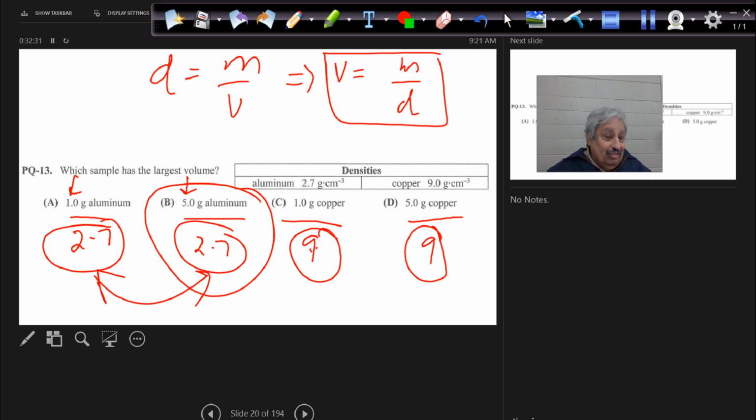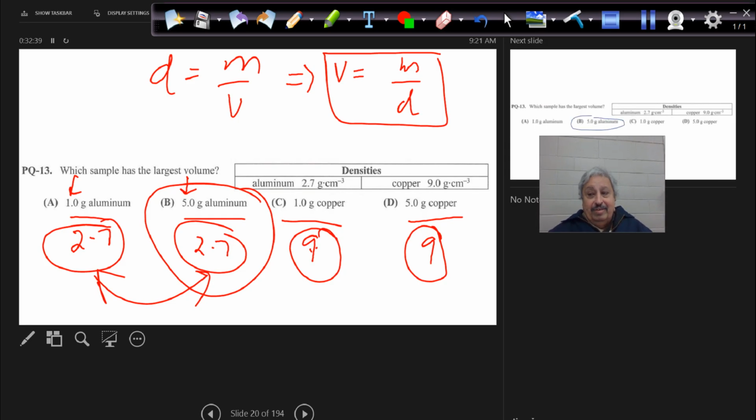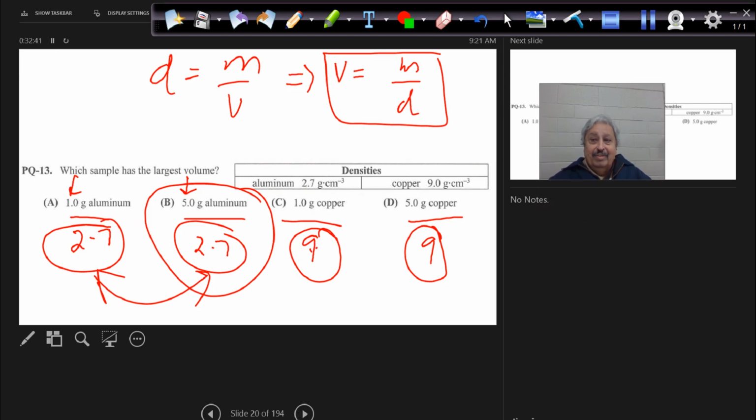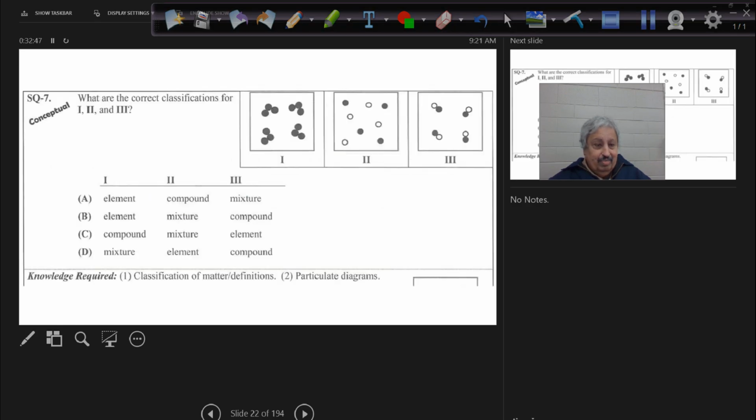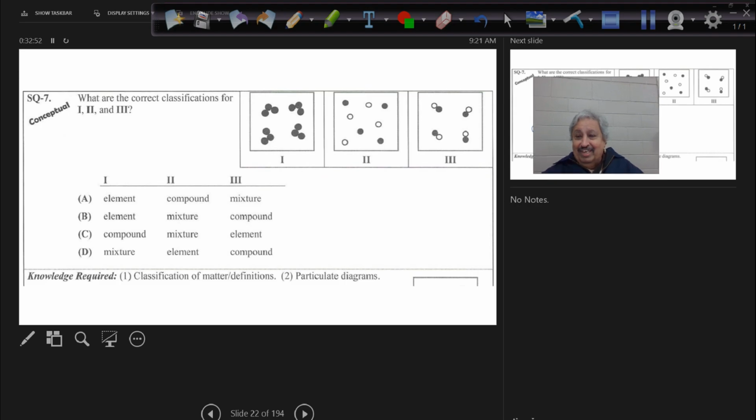And then I have to look at the 2.7, but which one is larger, 1 or 5? 5, so this value will be the largest. So the answer is B. That's a very good one.